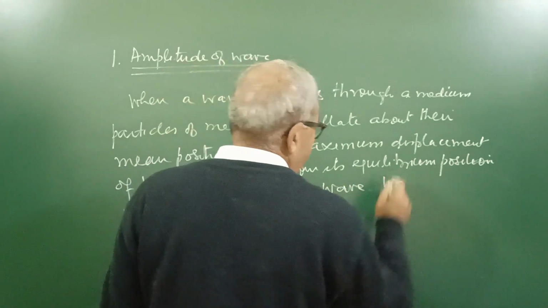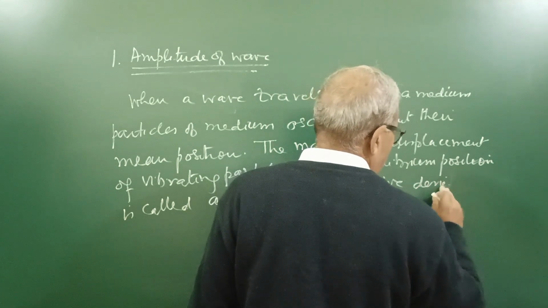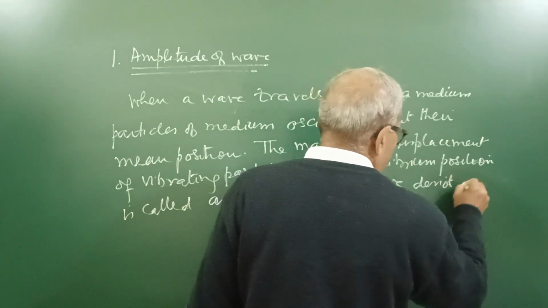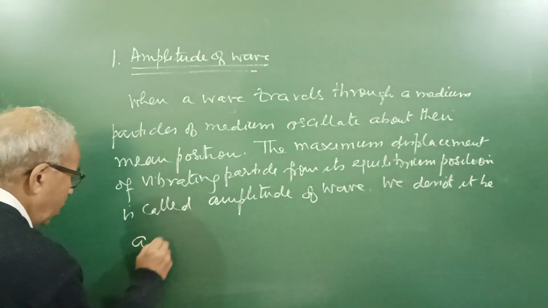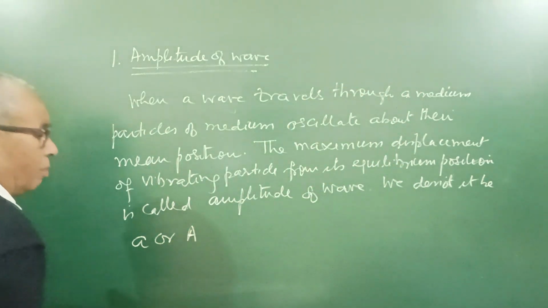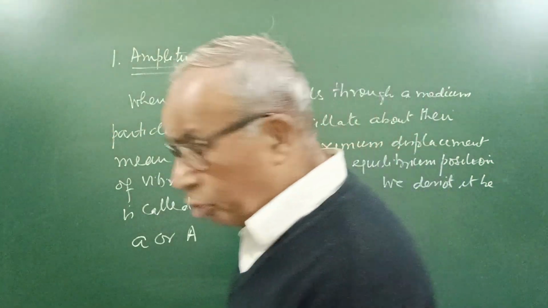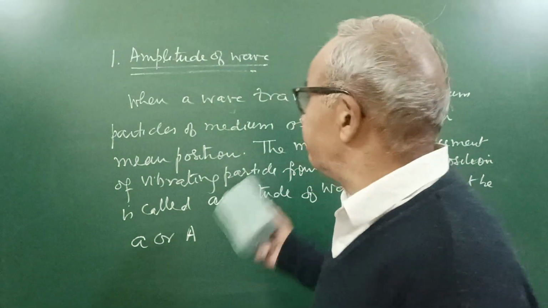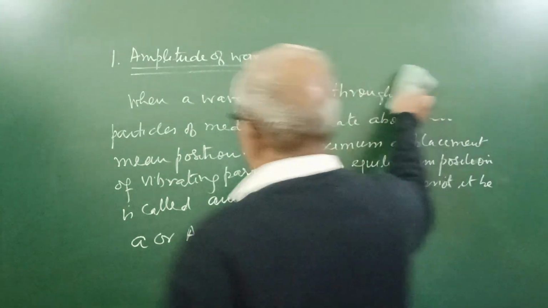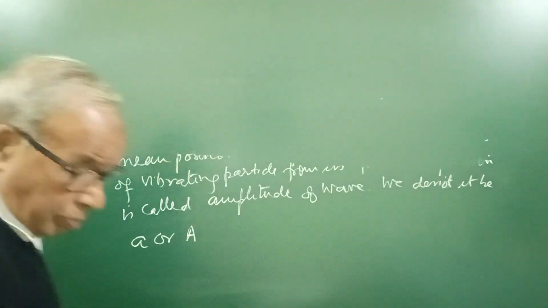We denote it by small a or capital A. Because it's displacement, basically the unit is meter or centimeter or millimeter. It will depend on which is used. So this was amplitude of wave.